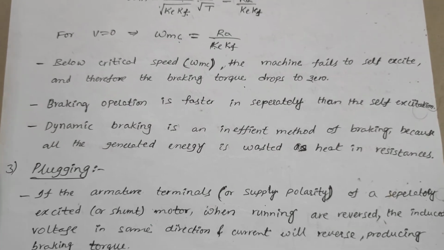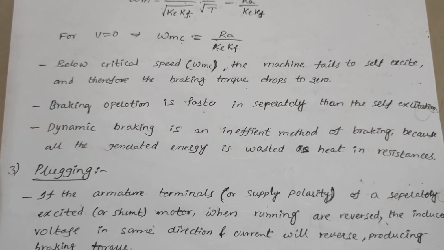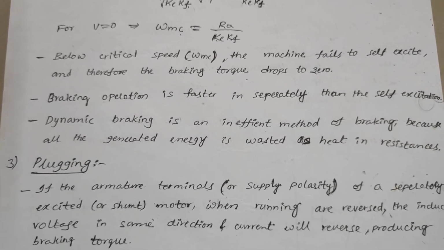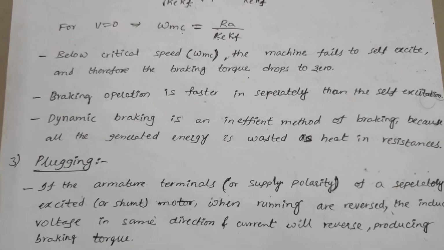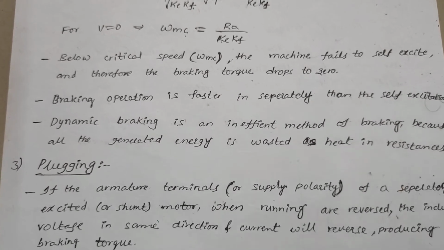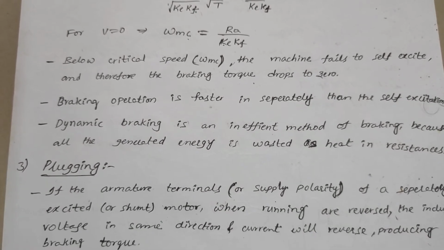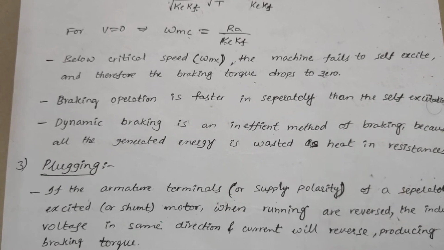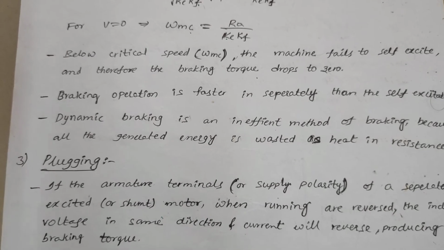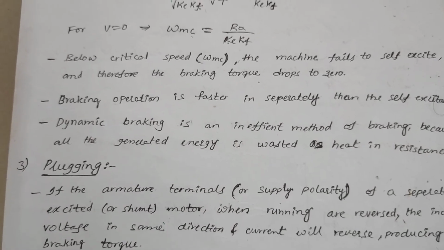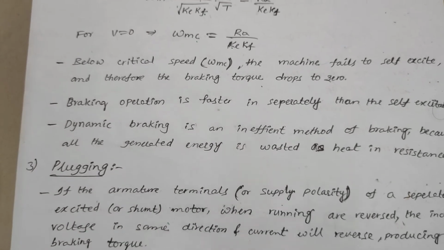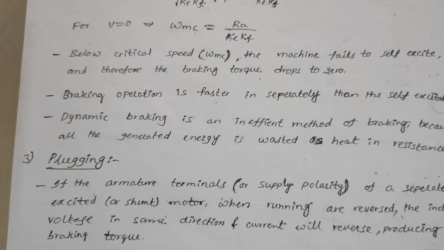But generally this dynamic braking is an inefficient method because we are allowing the generated energy into the resistance. That means you are pumping the generated energy during dynamic braking into the braking resistance. As heat, it will be dissipated. The power is going to be wasted. We are not using that power.